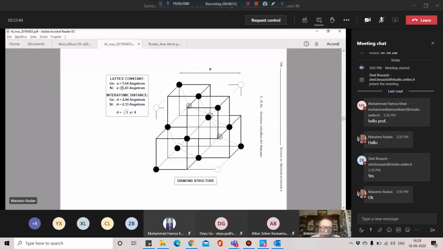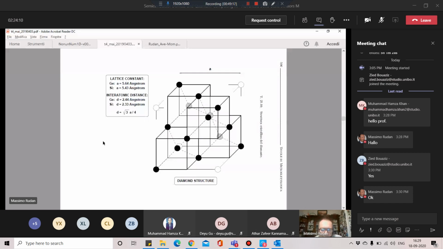For silicon, the lattice constant is 5.43 angstrom. And the lattice constant for germanium is 5.64, almost the same, almost.